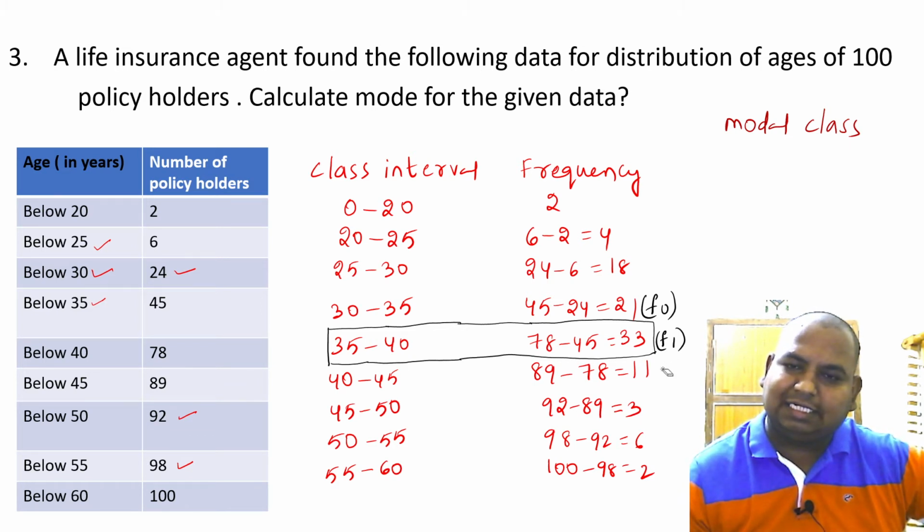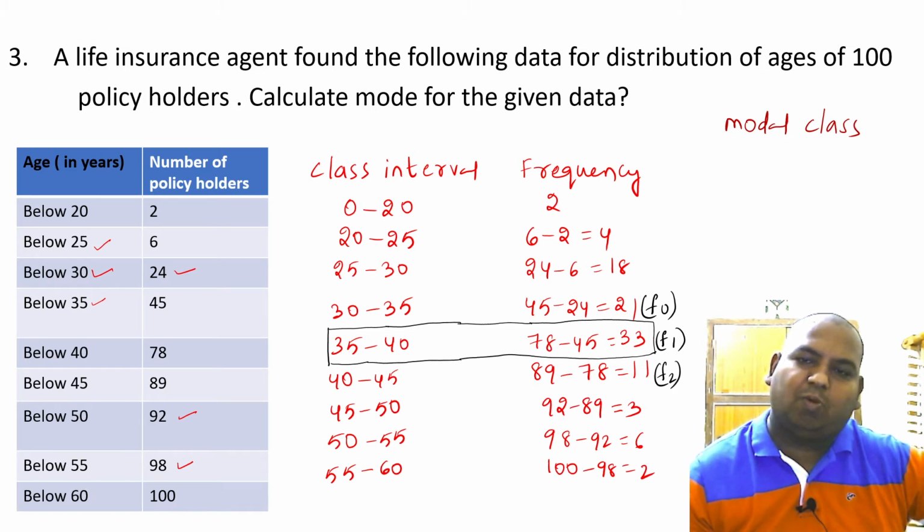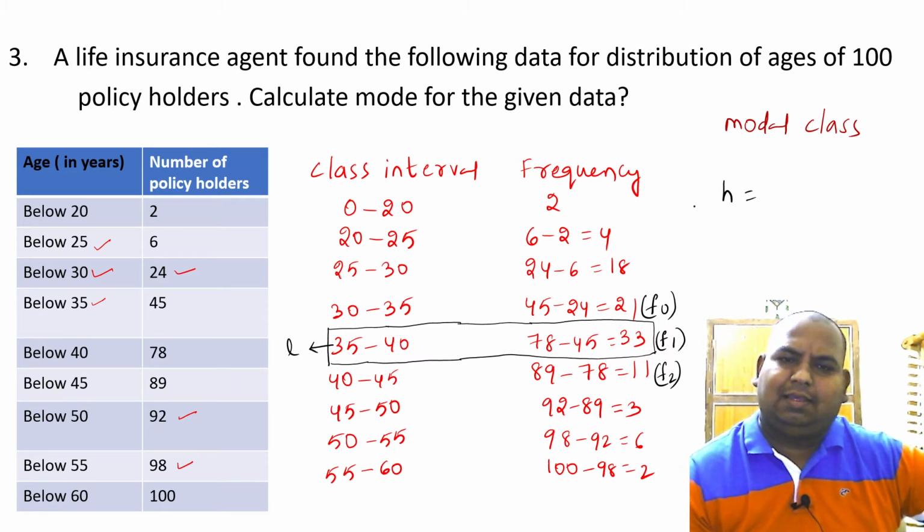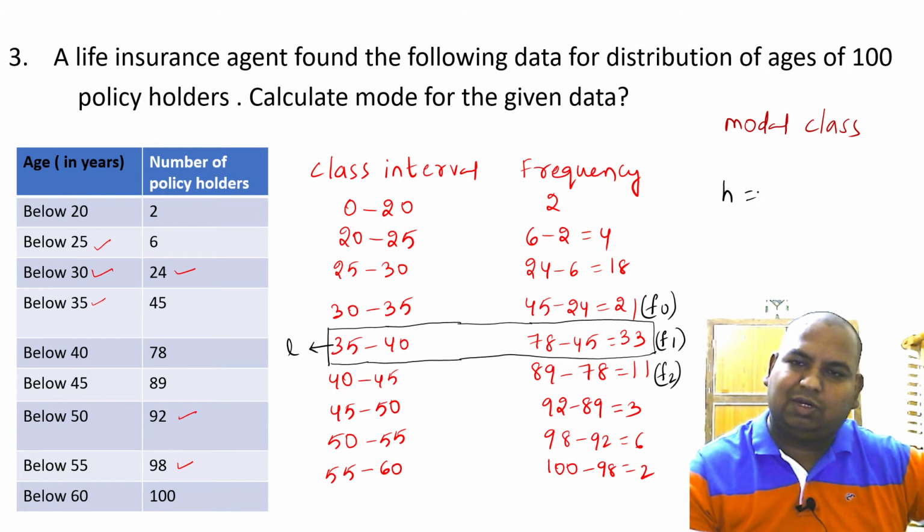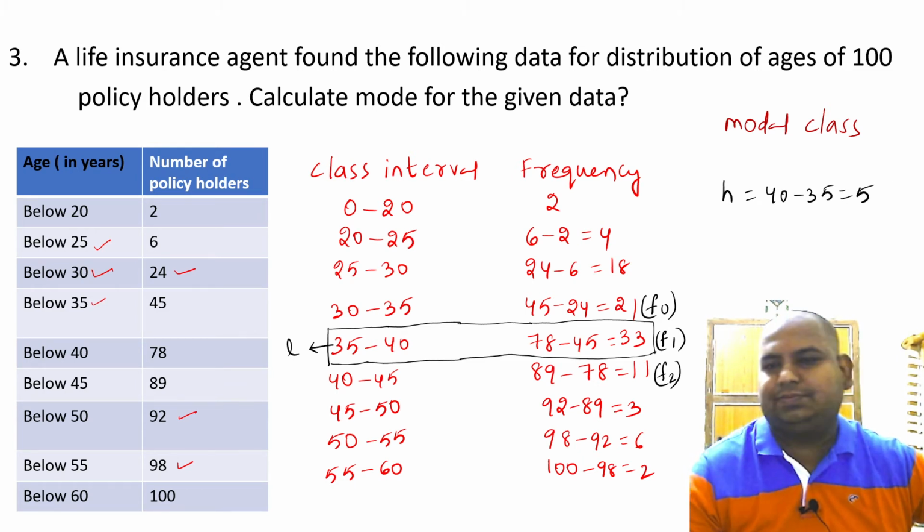The frequency of this class interval would be f2. What about the lower limit? Lower limit is 35. What about h? h is the class size or class width of the modal class, that is equal to 40 minus 35, that is 5.